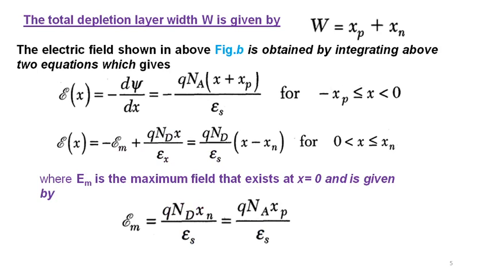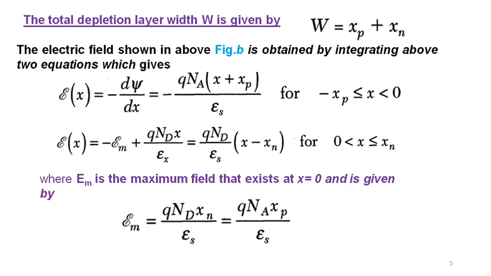As shown in the figure, the distribution of electric field is obtained by integrating the two Poisson's equations. E of x equals minus q NA (x plus xp) over epsilon s for minus xp to 0, and the second is E of x equals q ND (x minus xn) over epsilon s for the boundary 0 to xn, where E is the electric field and Em is the maximum electric field.